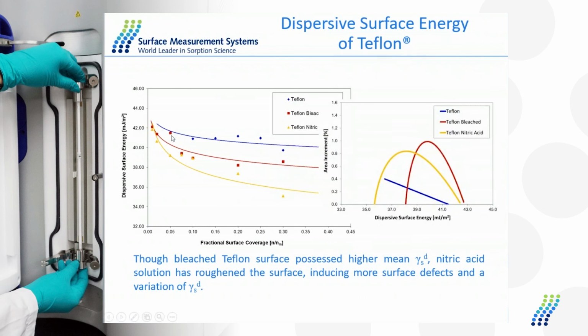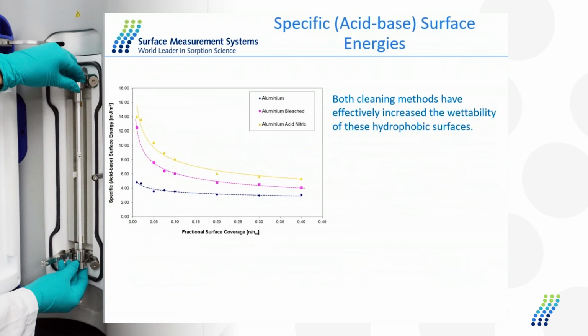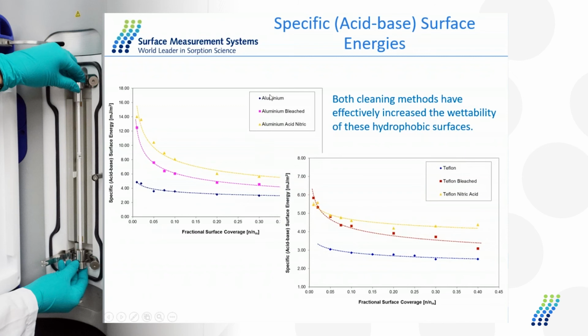And when we look at a little bit more detail on the acid-base component of these surfaces, on both the aluminum surface and the Teflon surface, by bleaching and treating it with nitric acid, both of these cleaning methods have essentially increased the wettability of these hydrophobic surfaces.